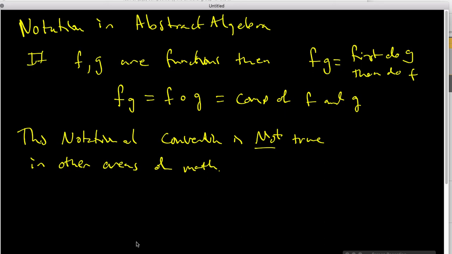In particular, if you are enrolled in a course like real analysis or complex variables or some of the other upper division courses that we offer in the department, and you see this inside of a calculus class or a real analysis class, this is going to be f of x times g of x in most math classes.